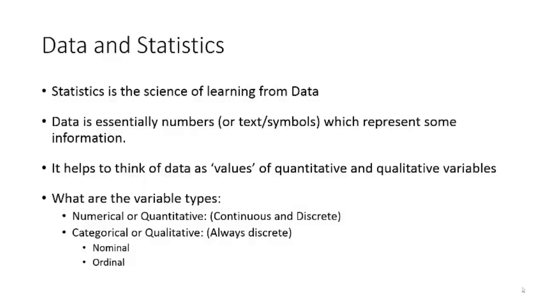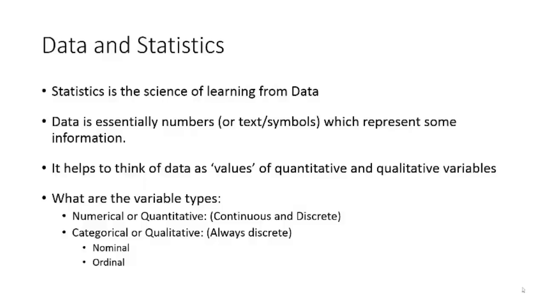In statistics, you have various classifications of variables, and depending on who you ask, you'll find different classifications in different textbooks as well. But one broad classification that makes sense and is very useful for us is to differentiate variables as quantitative and qualitative variables.